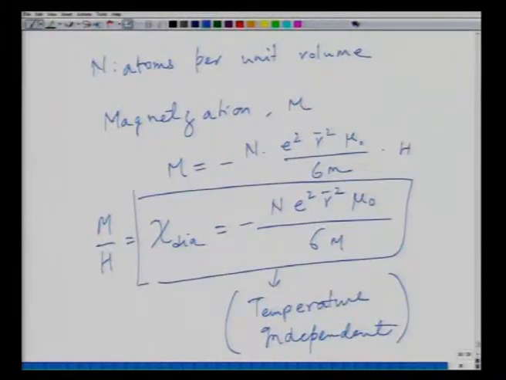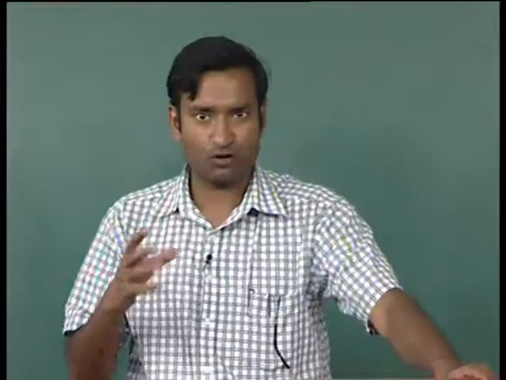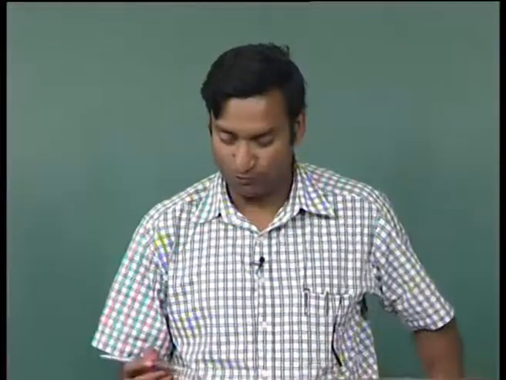Now what we will do is take an analysis of another kind of magnetism that we discussed last time, and that is paramagnetism. These paramagnetic materials are rather different. Fundamentally, they have atoms which have a non-zero magnetic moment.